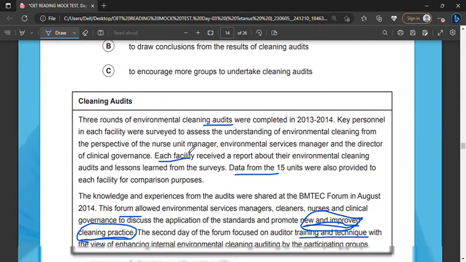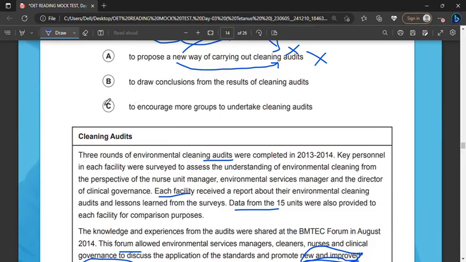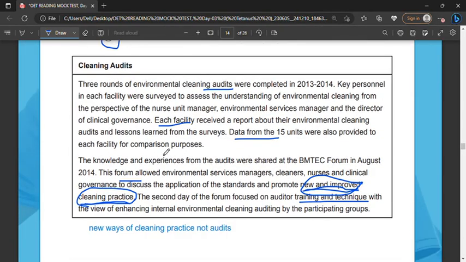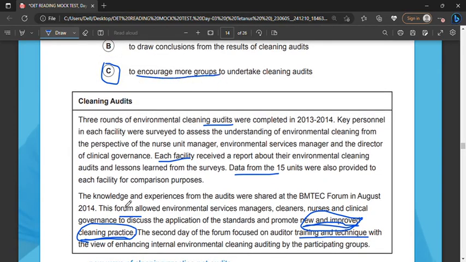Now move to C: to encourage more groups to undertake cleaning audits. There is nothing about more groups in this. I didn't find anything about more groups.